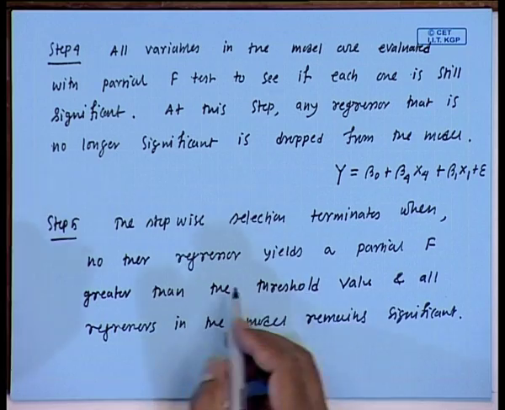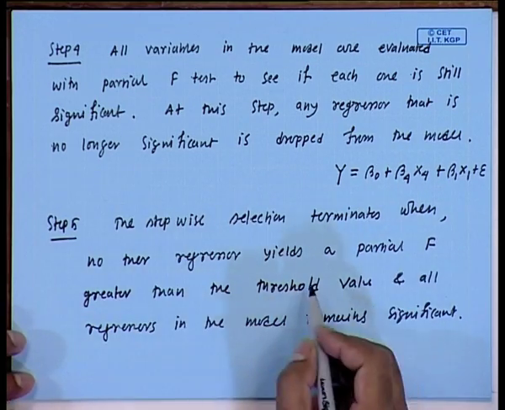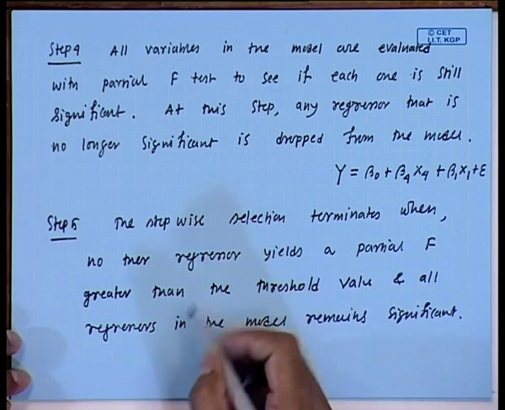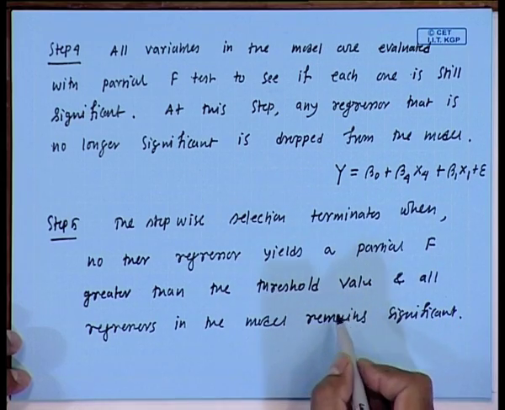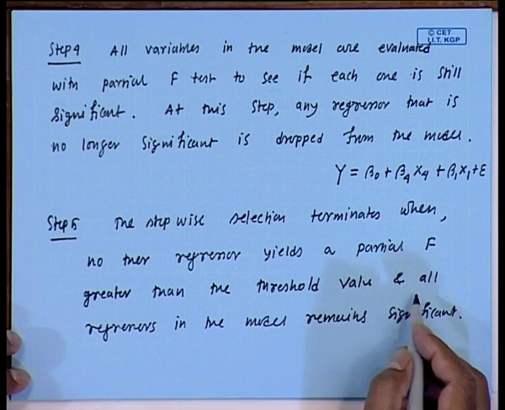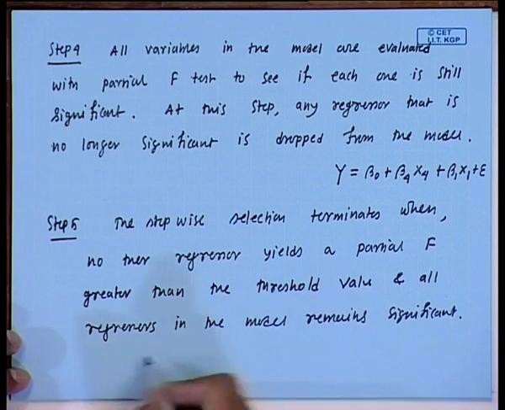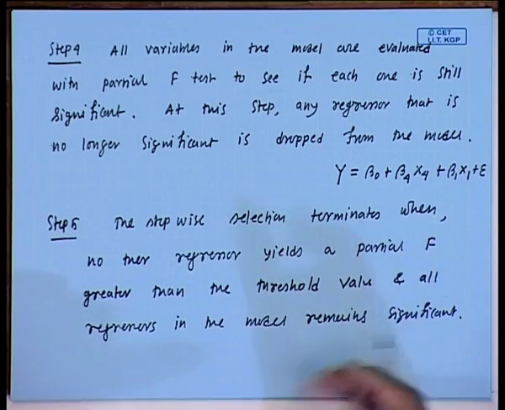So, this includes two conditions. If there is no other regressor which has significant partial F value in the presence of the regressors in the model, then we can't include any more regressor in the model, and at the same time the regressors which are present in the model, if they remain significant, then you do not need to remove some regressor from the model also.